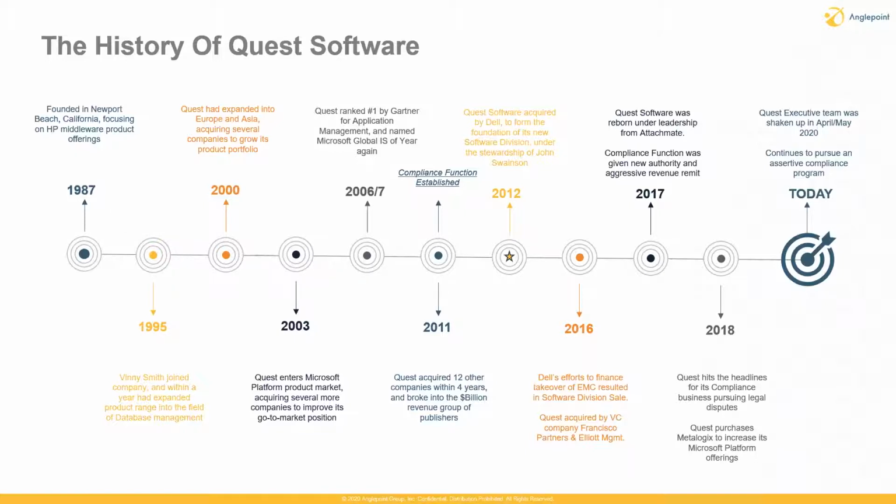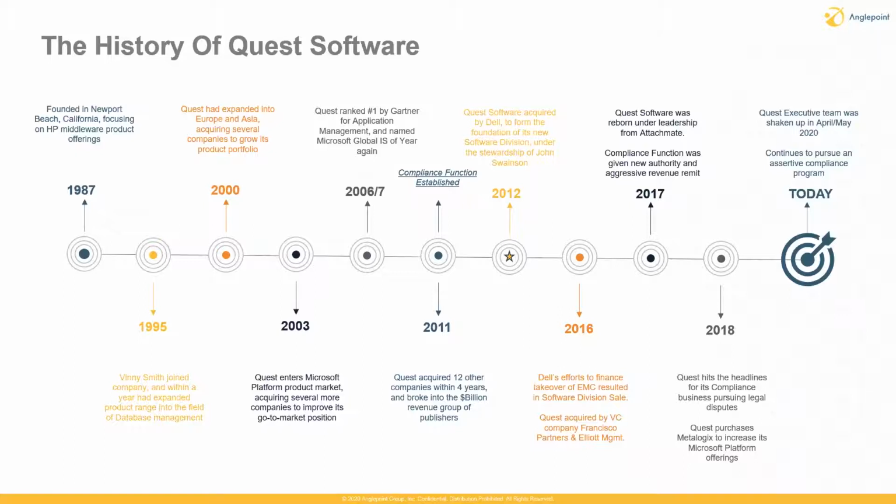And essentially at the back end of 2016, Quest was acquired by a venture capital company. The executive leadership team was swapped out and replaced with a significant proportion of new executive staff coming predominantly from Attachmate. And that particular group brought with them a very extensive history regarding compliance and auditing.